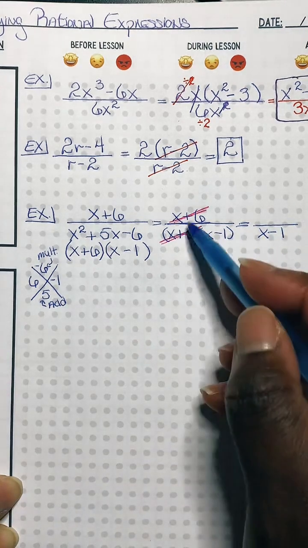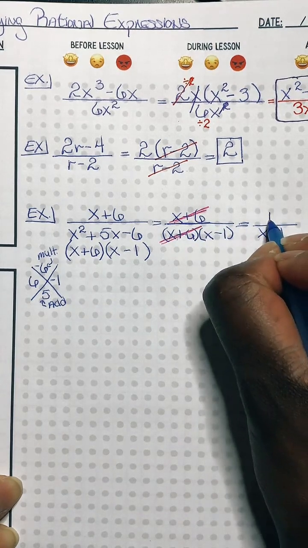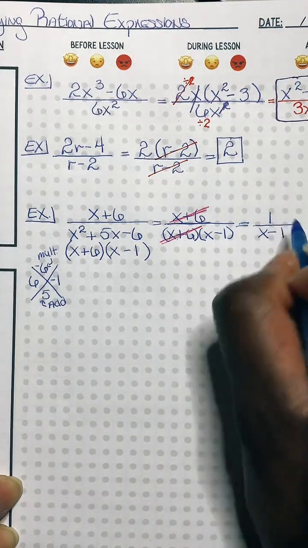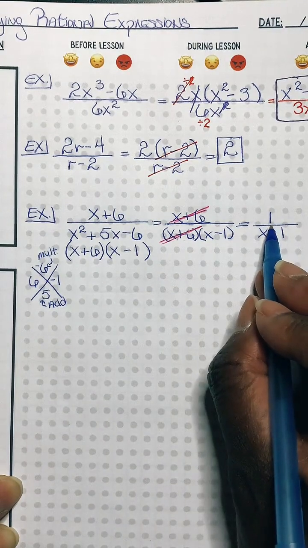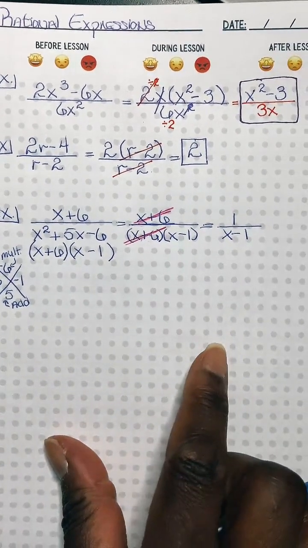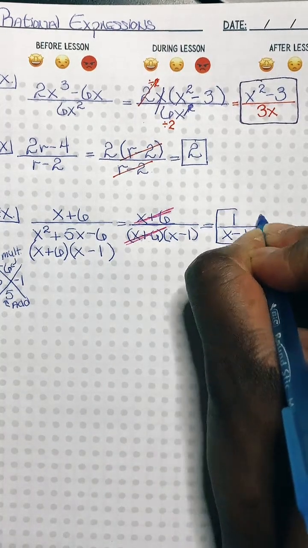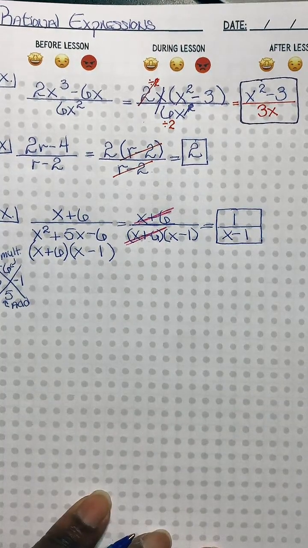But then the 1 that we got from the cancellation is going to be in the numerator. Okay? So if there's nothing left in the numerator, you always put a 1. Not a 0, but a 1. Okay? So my answer is going to be 1 over x minus 1.